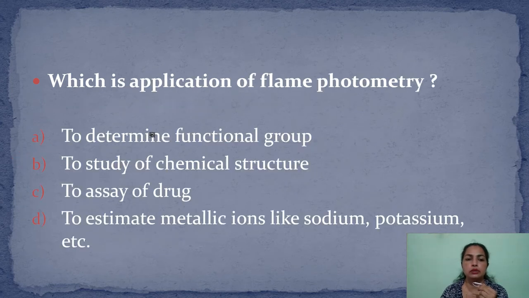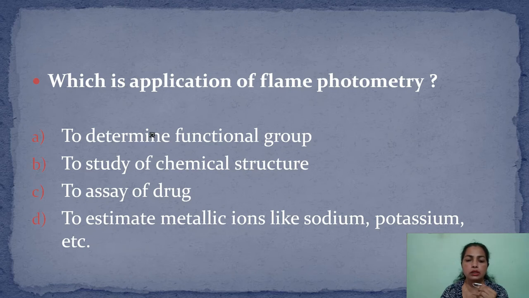Then again the next question is about application of flame photometry. Flame photometry can be used, as we have seen, for various ions and various elements. But for determination of functional group, it has a limitation. Identification or study of the chemical structure is not possible with flame photometry.